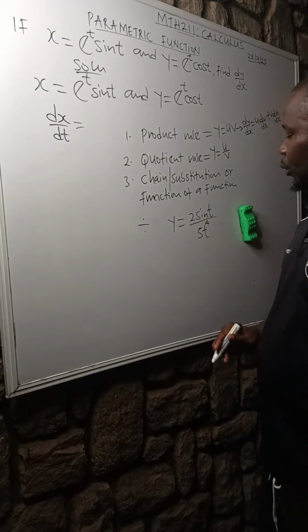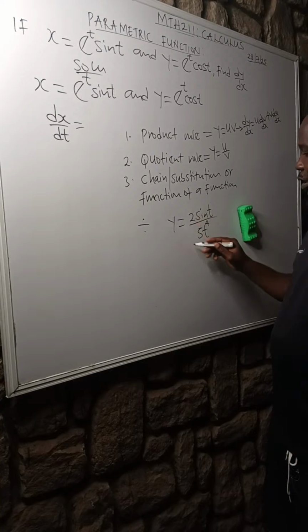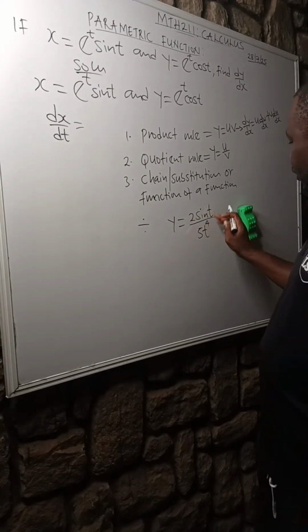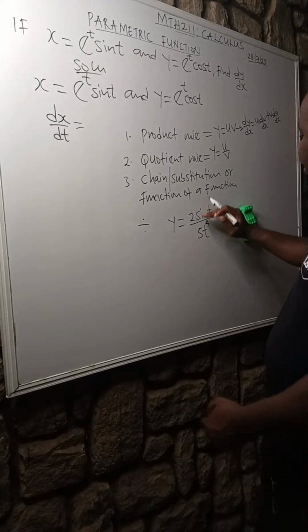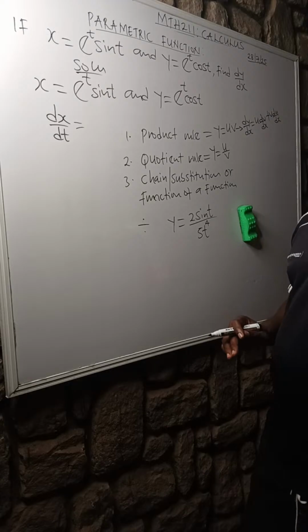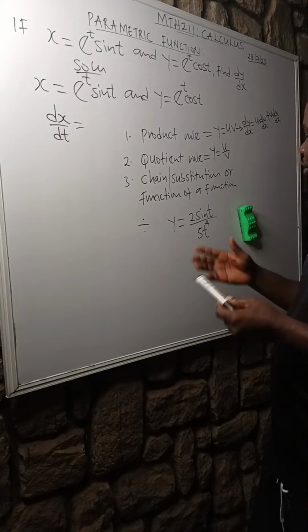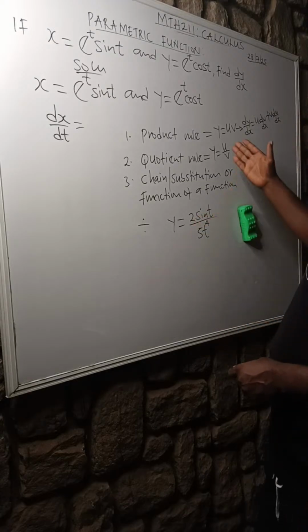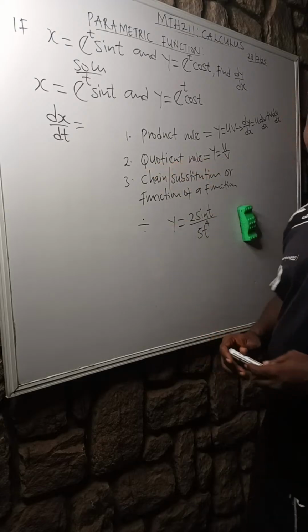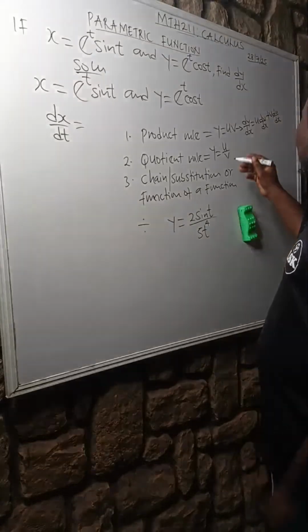Note that you don't need a prophet to tell you. Why? Because this is a function, this is another function. So you can discover that this function divides this. So if you are asked to find dy over dx, you go straight to make use of what is called the quotient rule.